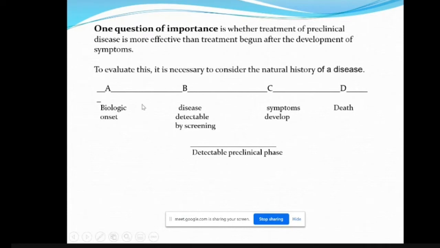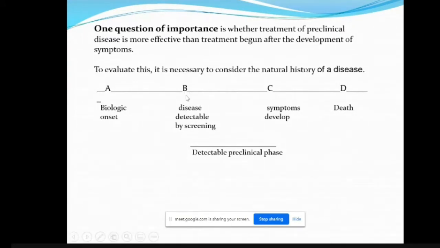Each disease considered appropriate for screening has a period after the biologic onset, represented here in A. After biologic onset, there is a period in which the disease can be detected by a screening test.